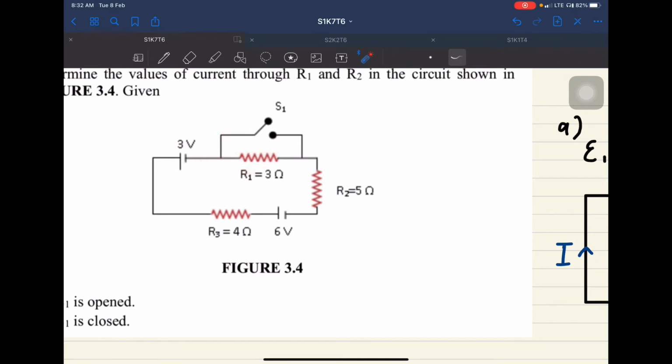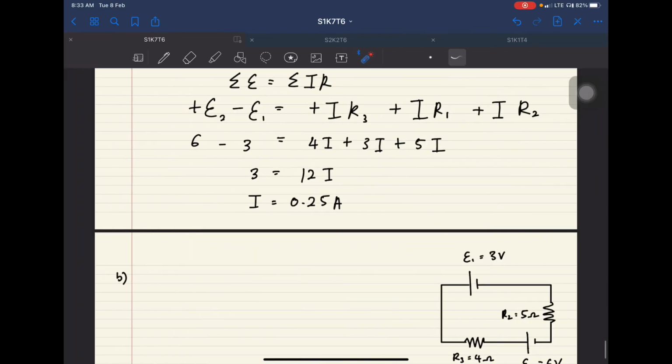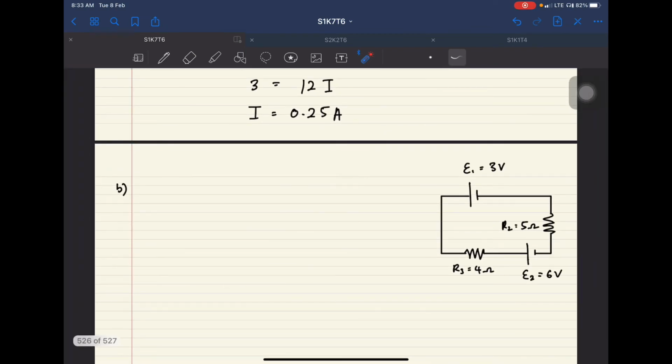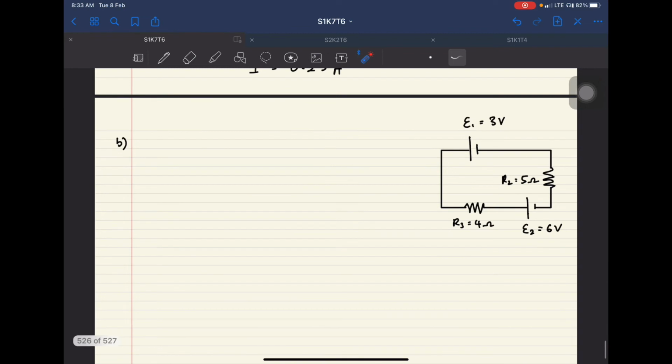Obviously, if there's a path with no resistance, all the current will flow over here. This is a short circuit case. So the current just passes through over there, and you can ignore this part. Because of that, you are left with two resistors, like in my drawing over here.